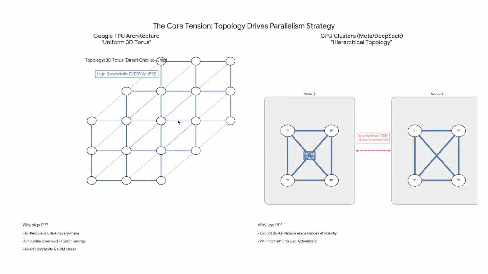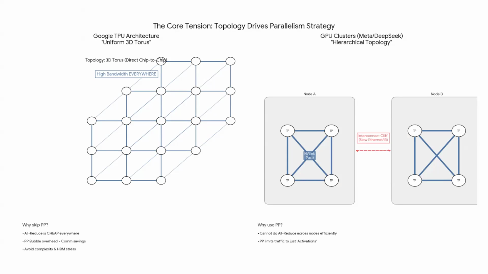But with TPUs, apparently, TPUs have some kind of mesh network where each TPU has a high-speed connection to each one of the other TPUs, so they are all interconnected, and the communication inside of the TPU cluster is extremely efficient.